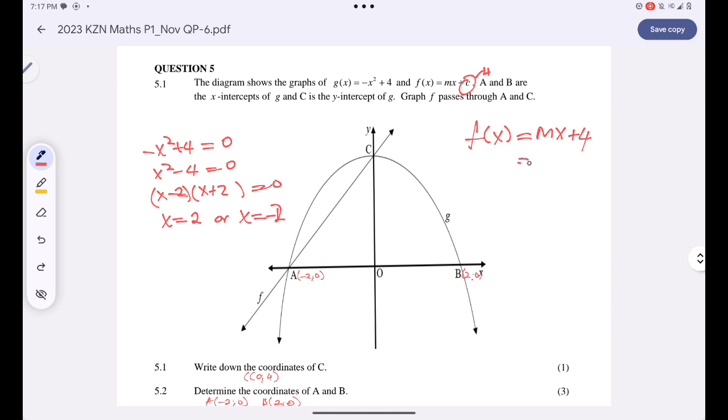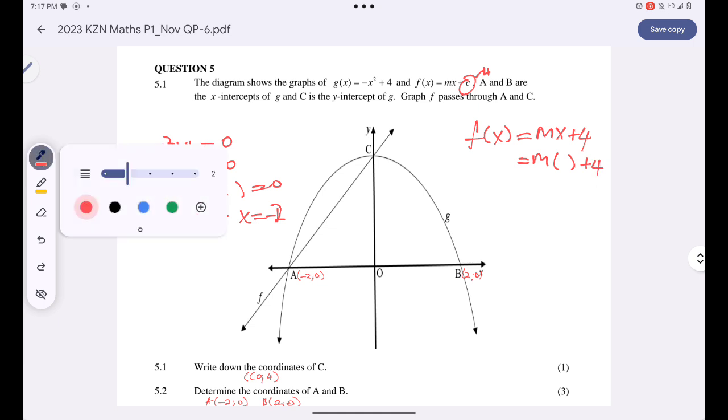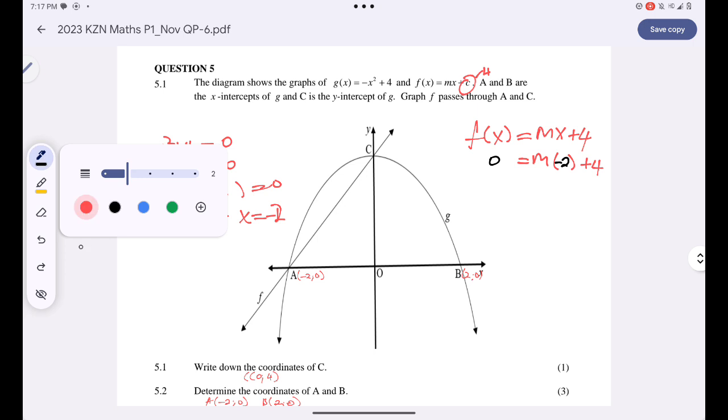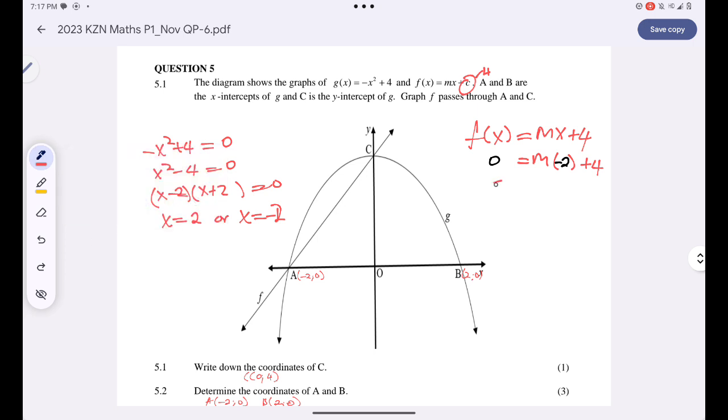I know that x is equal to negative 2 whenever y is 0. So now I'm just supposed to solve for m. Whenever I take the 4 to the other side, it will be negative 4 is equal to negative 2m.